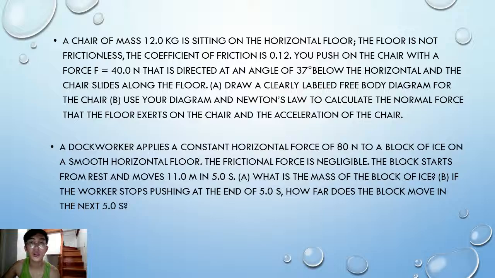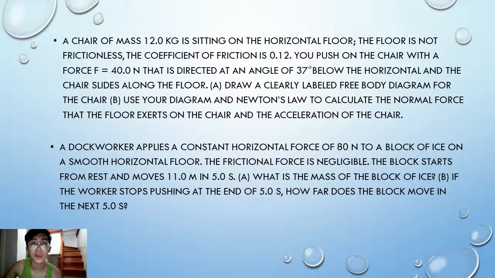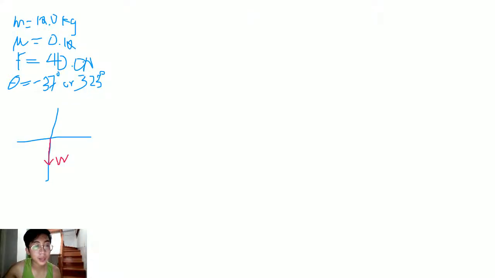Ibig sabihin, kung nasa horizontal floor siya, meron siyang ina-exert na weight dito kasi nga, nasa resting siya sa floor. So, next is kung may weight ka na in-apply sa isang surface, so dapat meron kang in-exert na normal force.